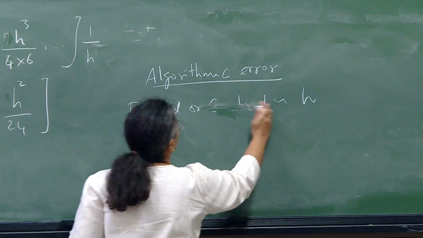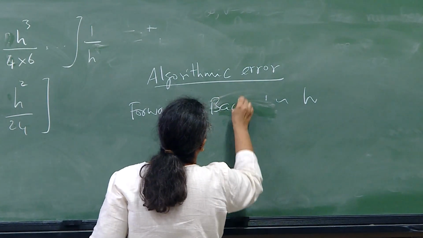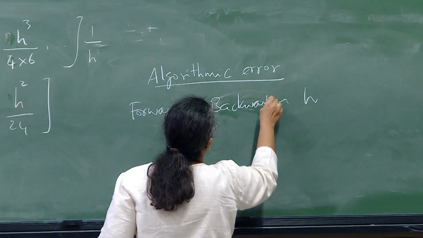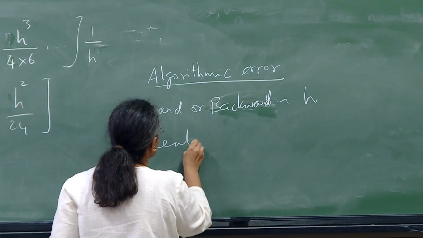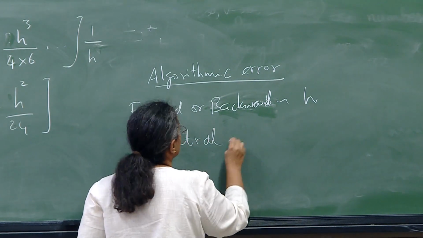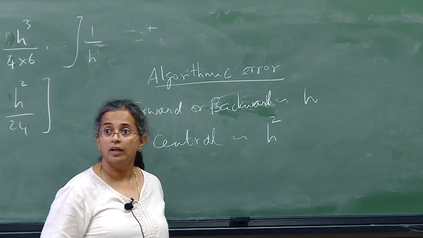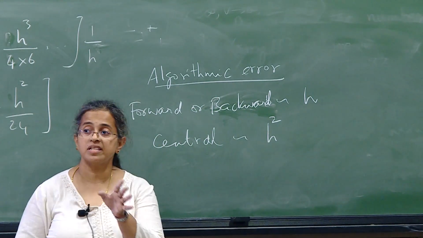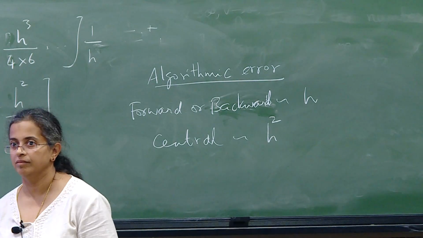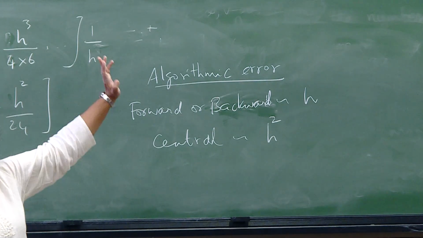Whereas in central difference, it goes as h square. Which means, if I keep decreasing my h, I should get the central difference to outperform the forward difference for any finite h.